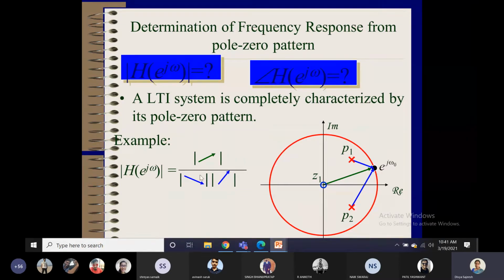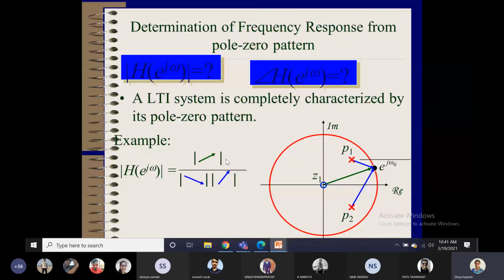They will be multiplied, divided by the distance of the pole P1 into the distance of the pole P2. So this will give you the magnitude response of the function.